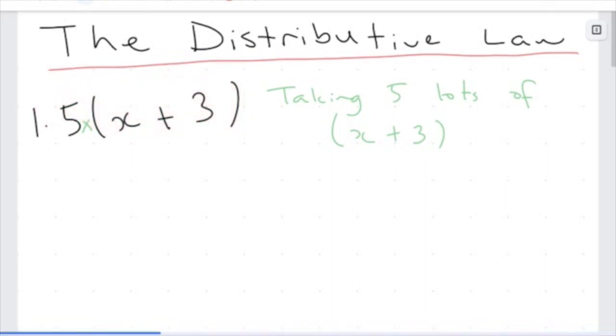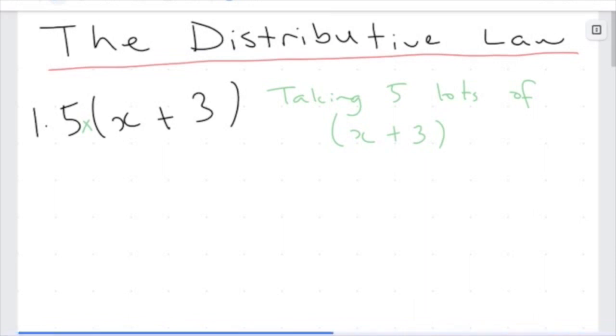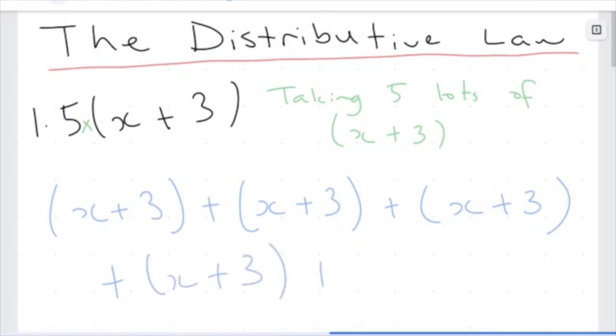So I'm timesing 5 by x plus 3. Now, when we multiply, that's like saying x plus 3. We're taking 5 lots of it. So we're taking x plus 3, adding it to x plus 3, adding it to x plus 3, adding it to x plus 3, and adding it to x plus 3.